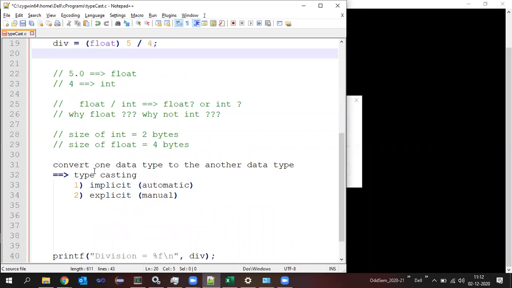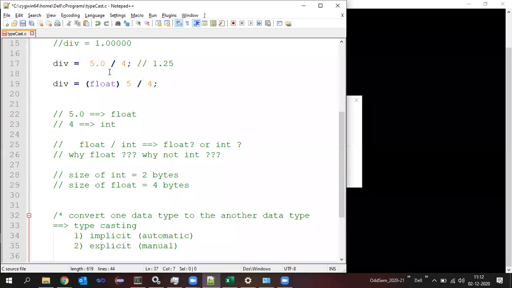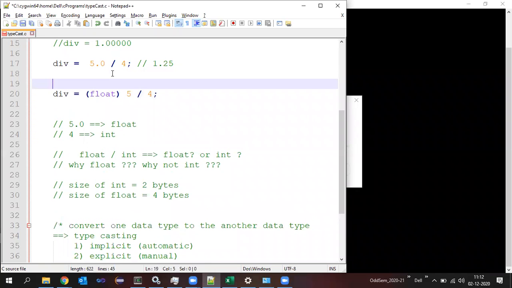Now you had asked one question in the previous line. Let me comment these lines here. The question was, what will happen if I write division is equal to 5 divided by 4.0. Comment this also.